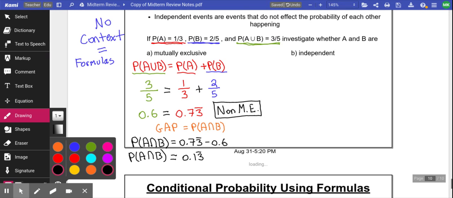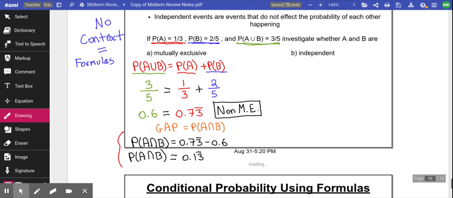That little jump in logic that we just did right there, we're going to need that to now test out this question on whether or not these events are independent.